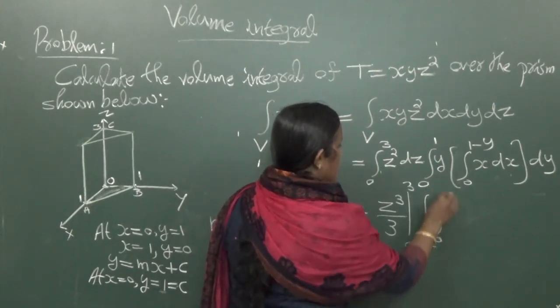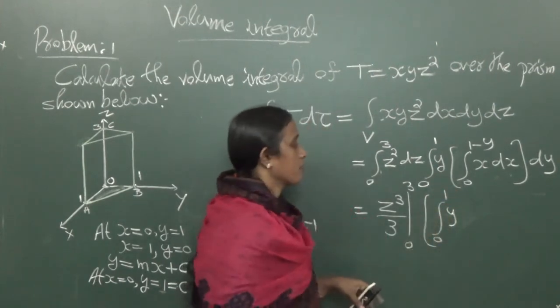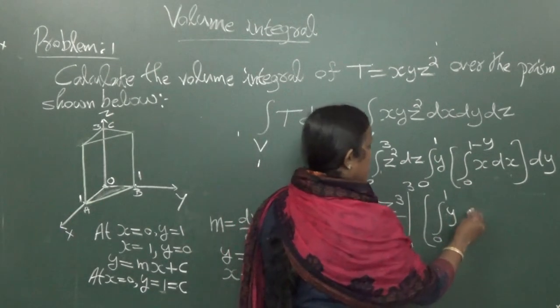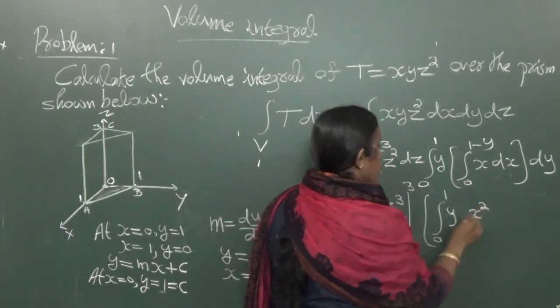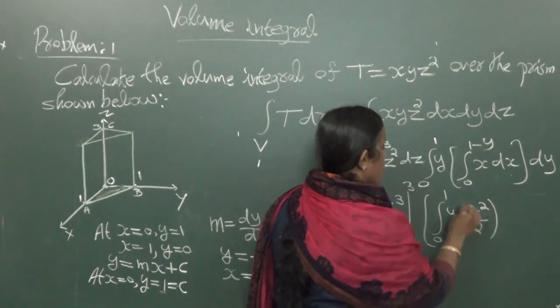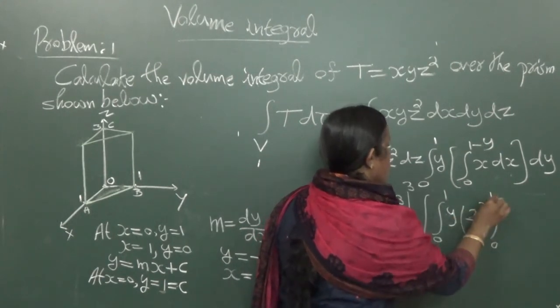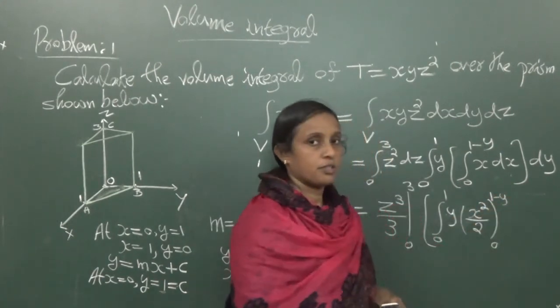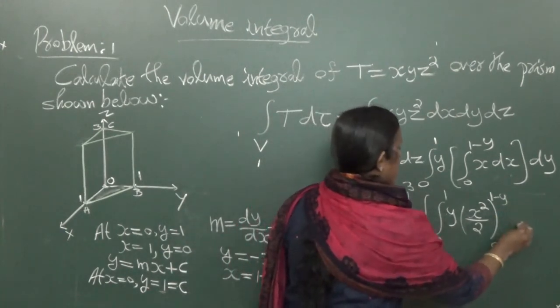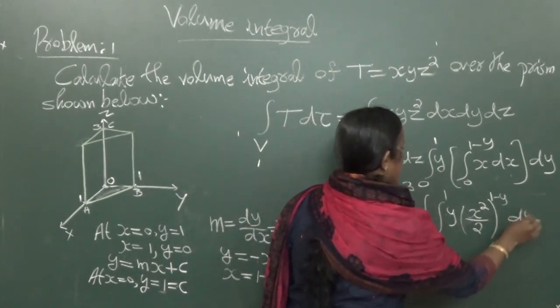Here integral 0 to 1 y. What about this part? This gives you x square by 2 from 0 to 1 minus y, dy.